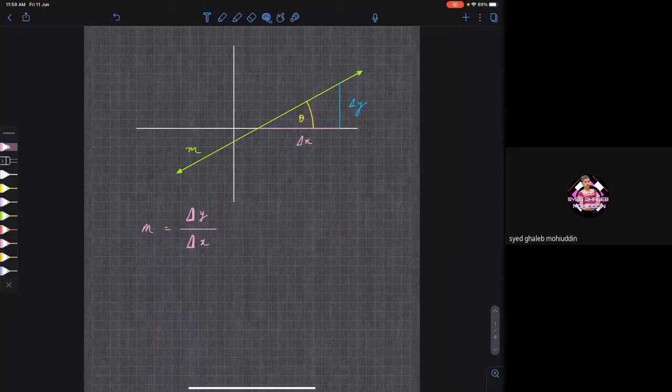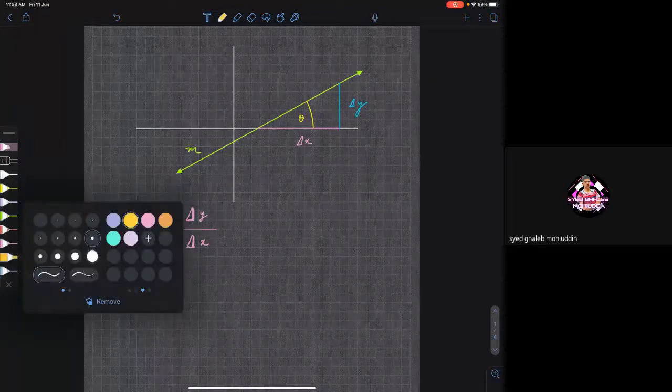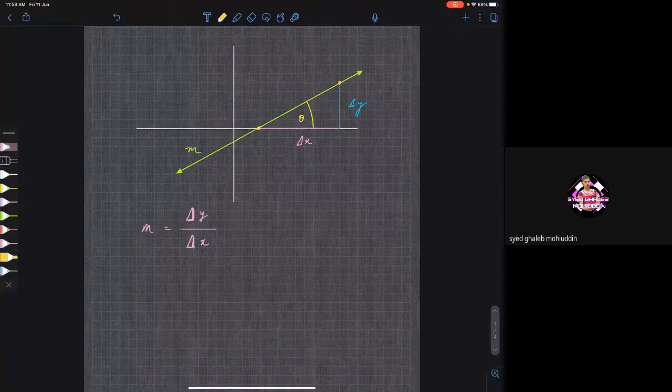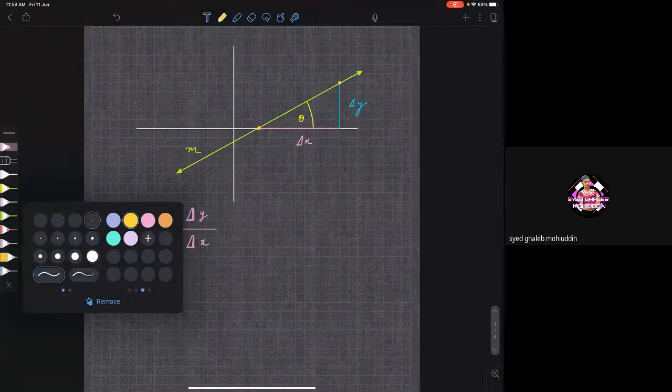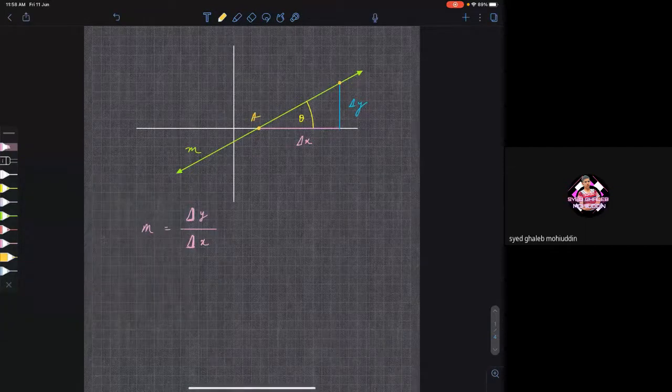I can take any two points. Let me call the first point A and the second point B. If I start from A and end at B, there will be some delta x and some delta y between those points.